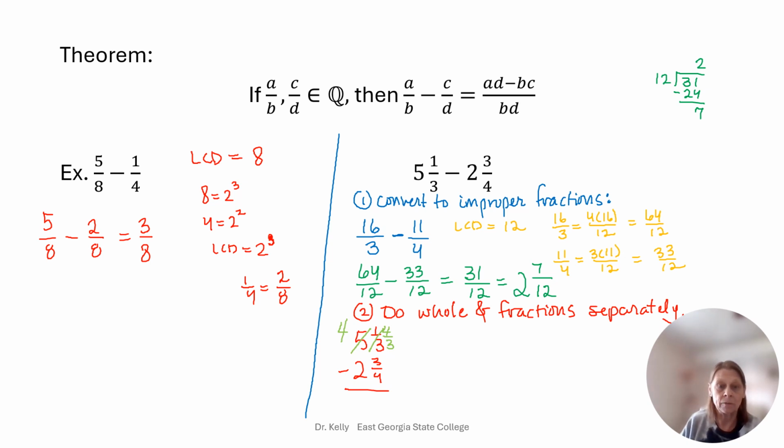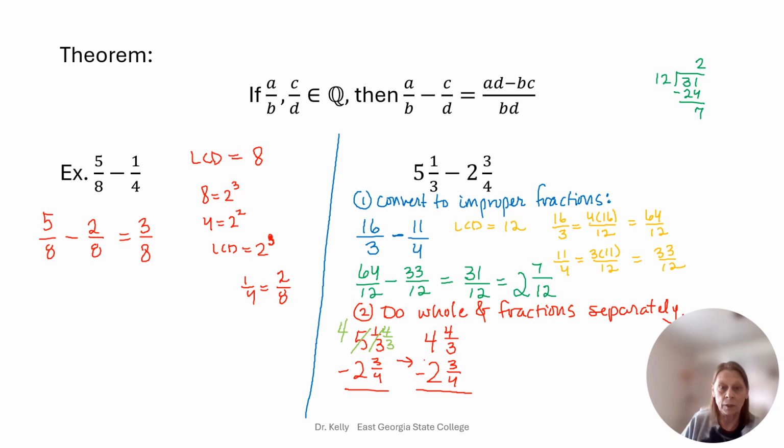All right, so let me rewrite that because it's kind of messy here. So we have 4 and 4/3 minus 2 and 3/4. Now we can make these have the same denominators here.